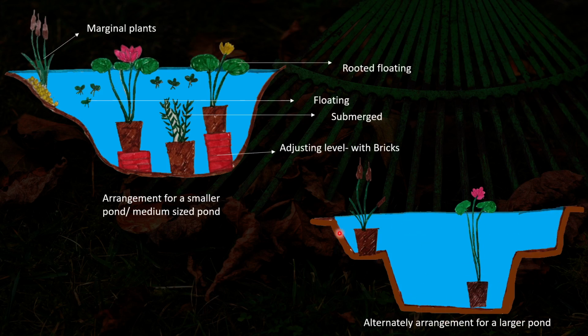So accordingly they have provided place for the pots to be kept, right? So when you see a pond, it is very obvious that in many ponds, the plants that you see on the top are usually present in pots below, right? So this is the basic idea behind a water garden.